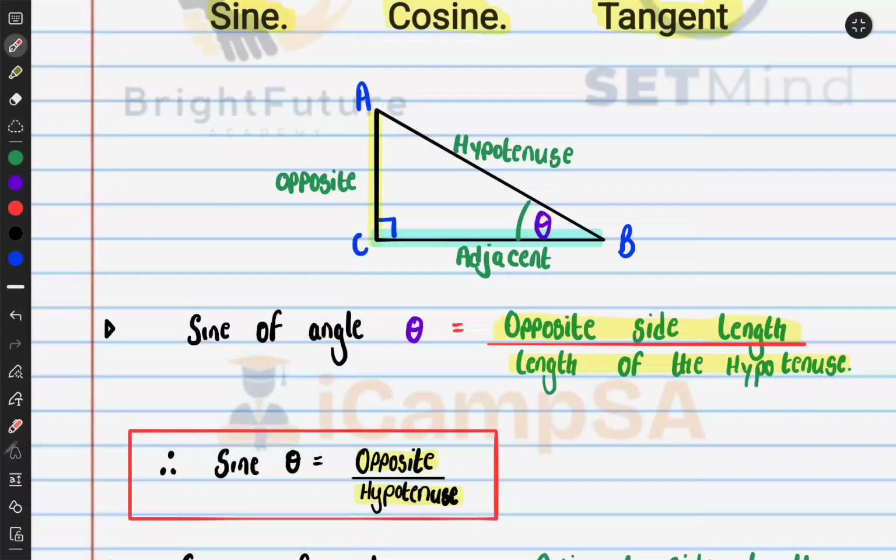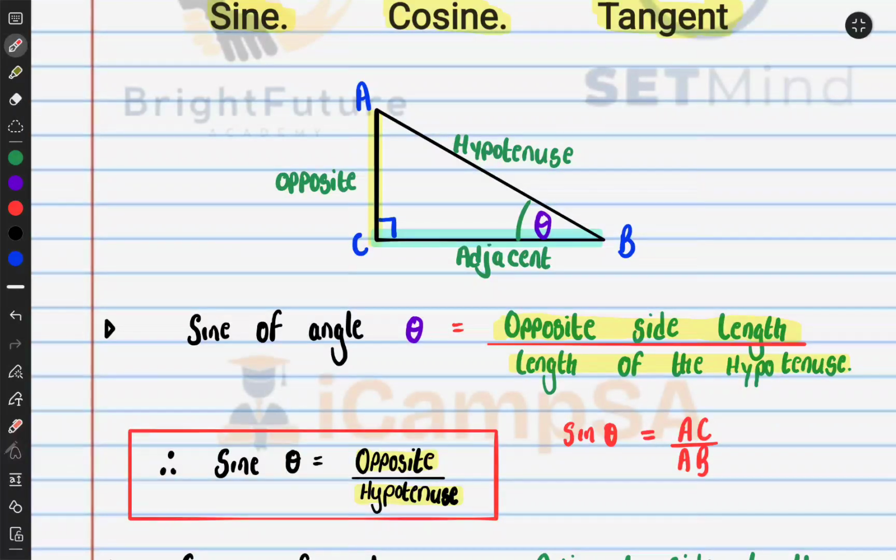For this triangle, sine of theta is the length of the opposite side over the hypotenuse. What is the side opposite to theta in that diagram? It's side AC over the hypotenuse side. What is the hypotenuse side in this triangle? The side that is facing the 90 degrees angle is side AB.